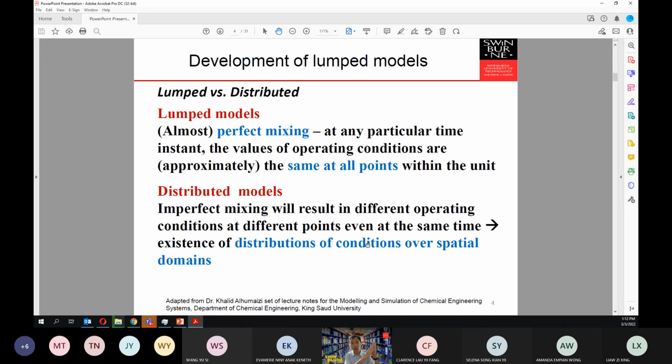If you touch one side of the rod with something hot, there will be a variation of the temperature from this side to the other side. That is what we call a distributed model, because we have a distribution of either temperature or concentration over certain coordinates.